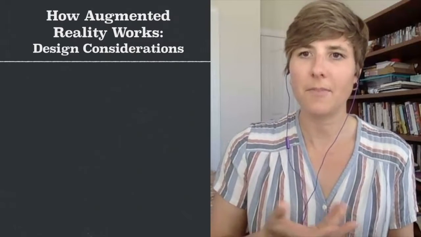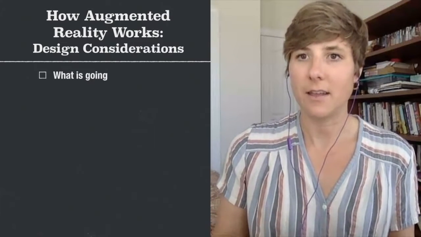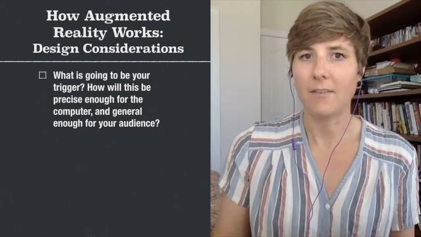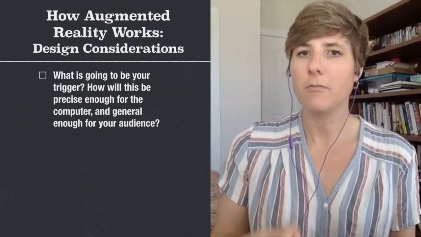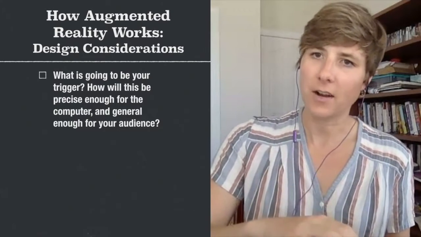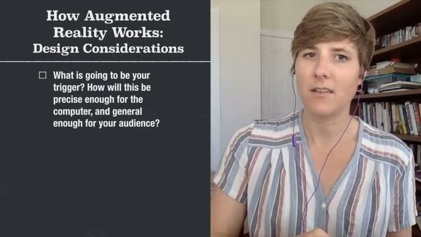So first, and perhaps most obviously, is the trigger itself, right? You need to think as a designer of what you are going to use as your trigger. How will you focus the trigger sufficiently so that your camera can recognize it as a trigger, and can map the augmented content to it?